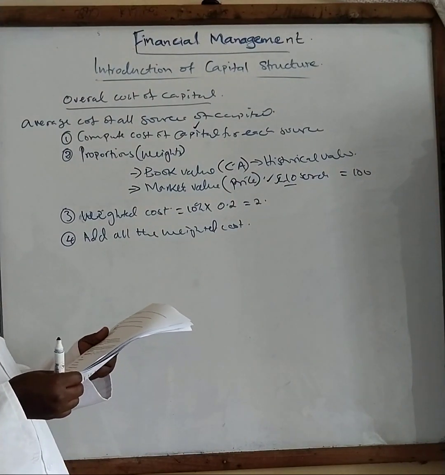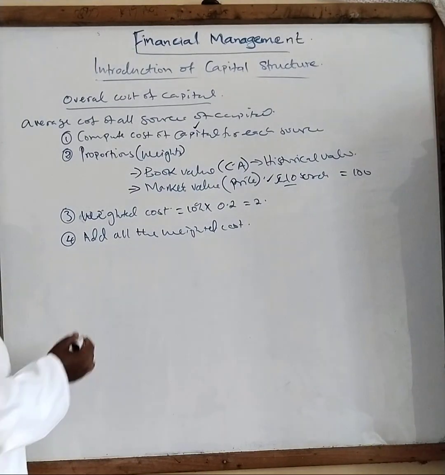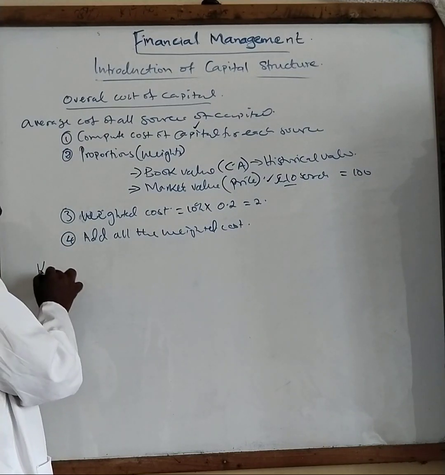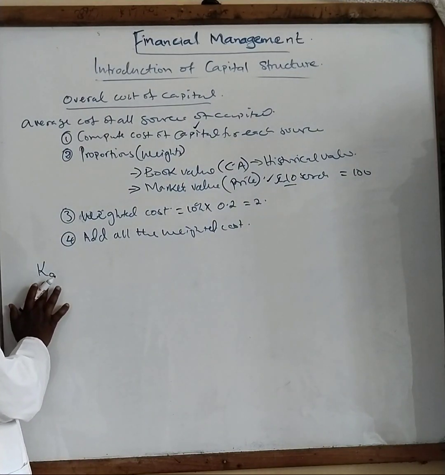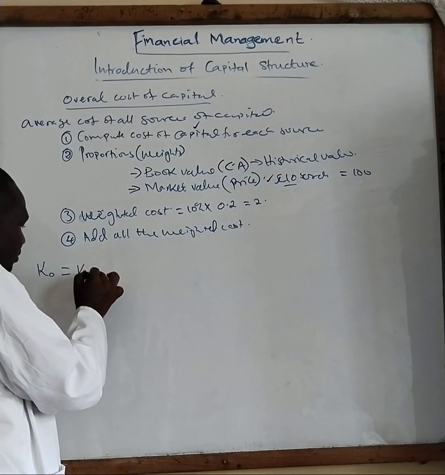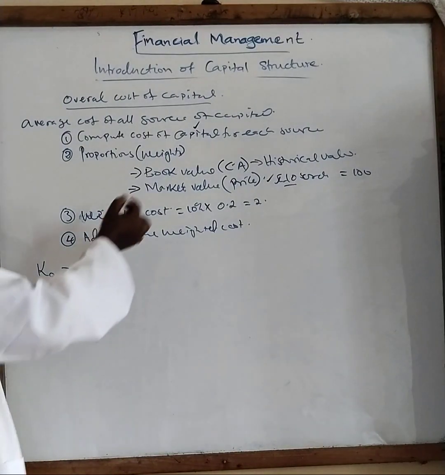And actually, before we move on, let me just say, to get the overall cost, KO, the average cost, I will take the cost of equity, and it will depend on whether I'm using market value or book value.